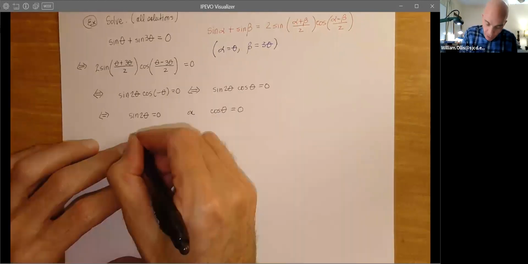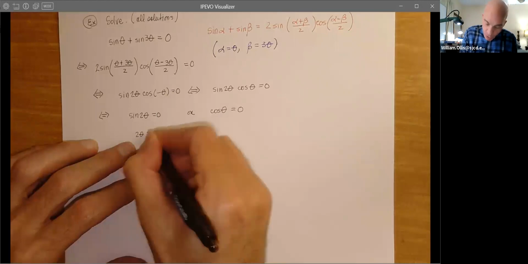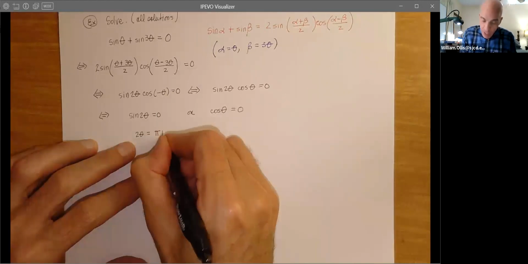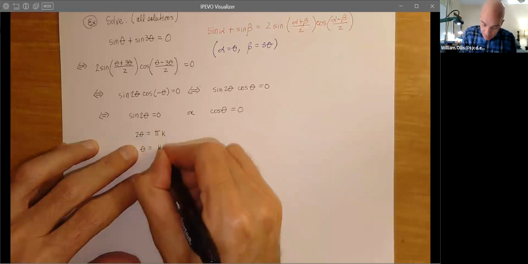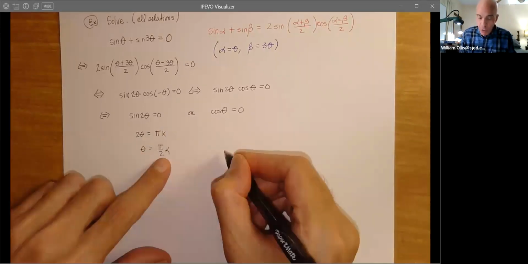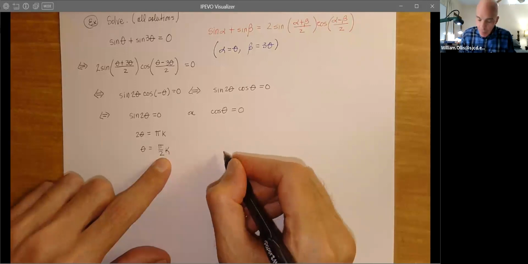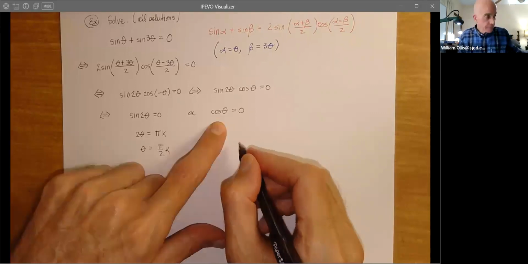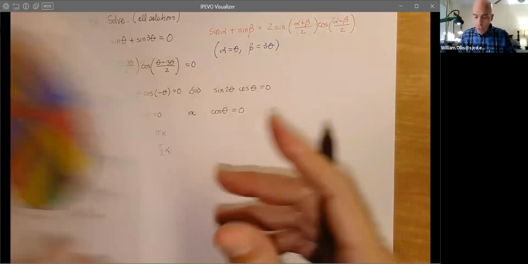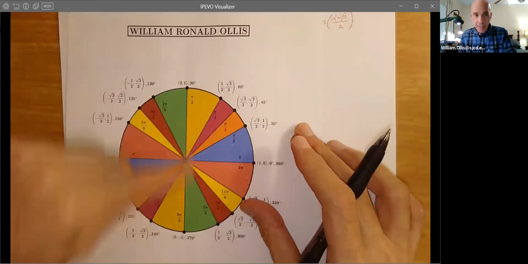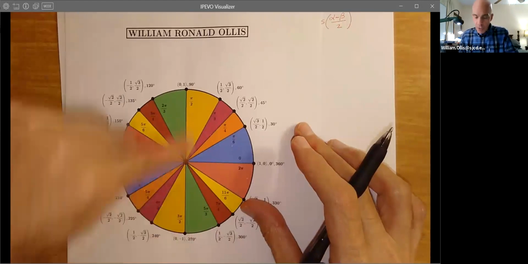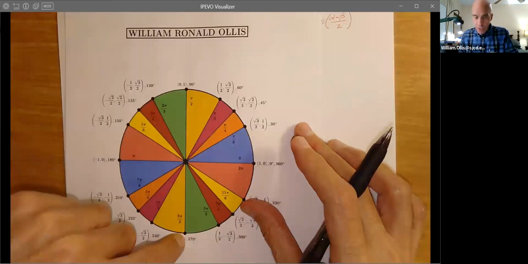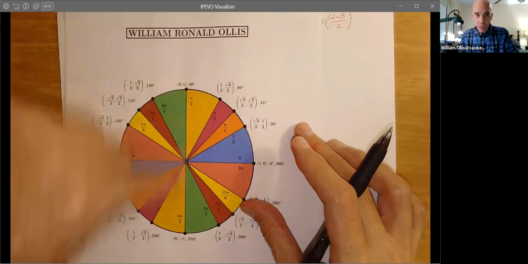So 2 theta equals just multiples of pi. And then solve for theta by dividing by 2. So that's just multiples of pi over 2. Now what about cosine? Well, cosine is 0 on the y-axis. Odd multiples of pi over 2. Pi over 2, 3 pi over 2, 5 pi over 2, 7 pi over 2, back and forth.